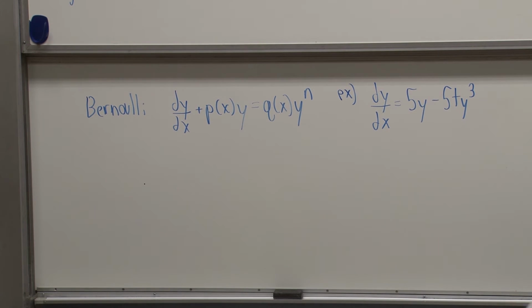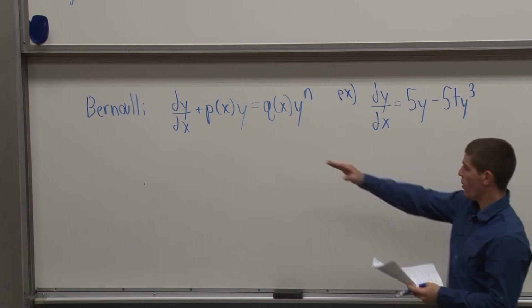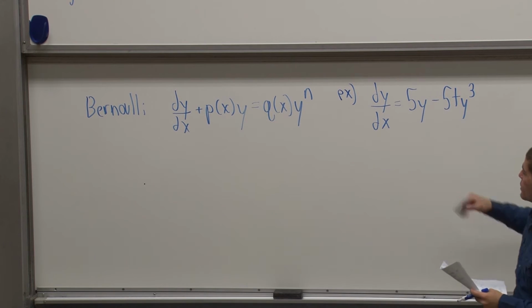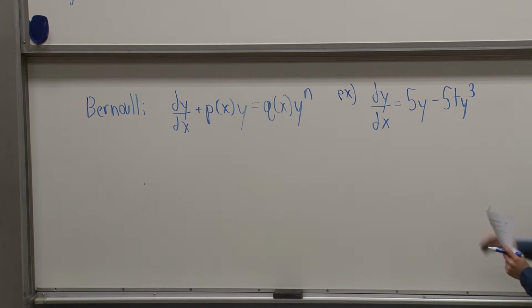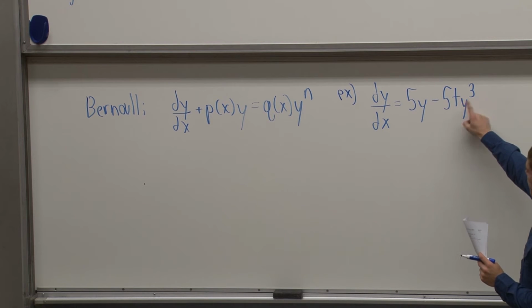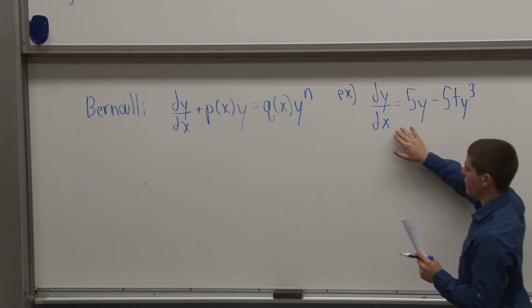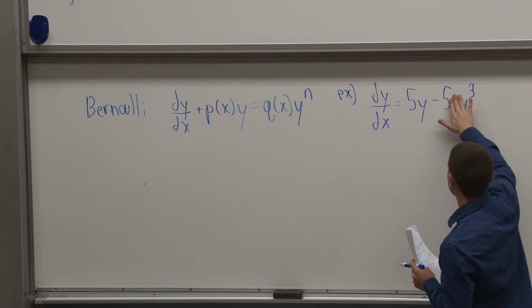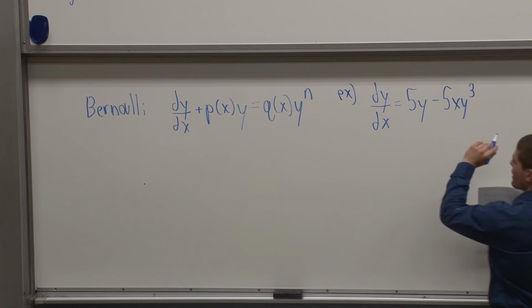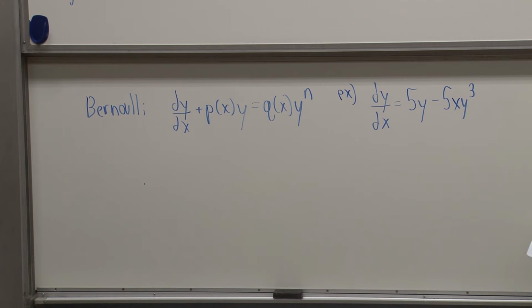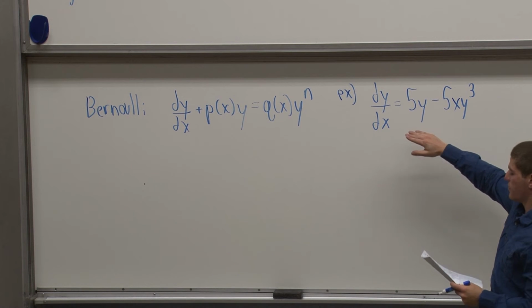Okay, cool. So we have that. Is it in the form of our Bernoulli? Not exactly. We've got to move some stuff over. We have a dy/dx, that's good, plus p of x times y. Well, okay, we have a y cubed here. Sorry, I realized that right now. I always mess it up. All right, we'll make them x's because I'll write x's. Okay, so we have dy/dx.